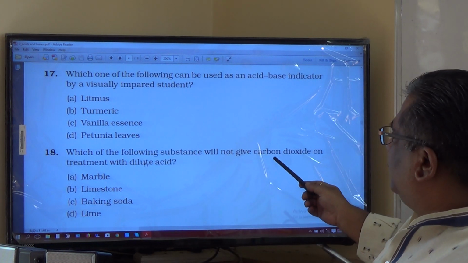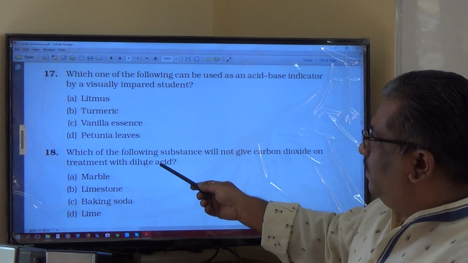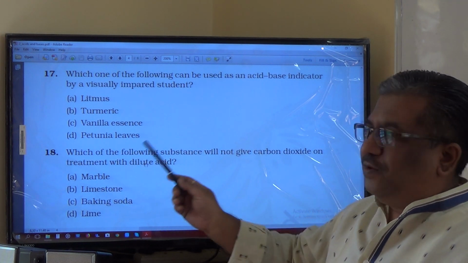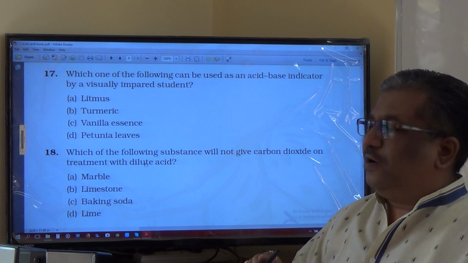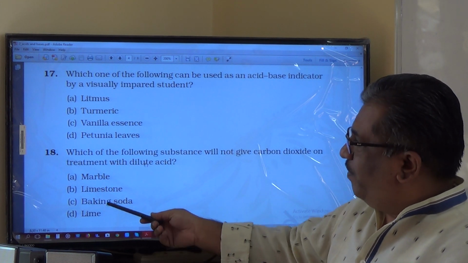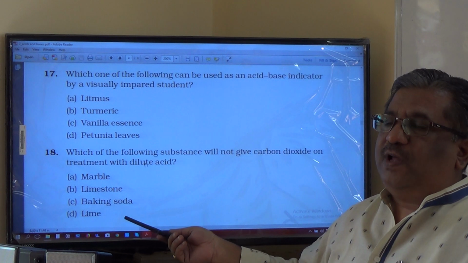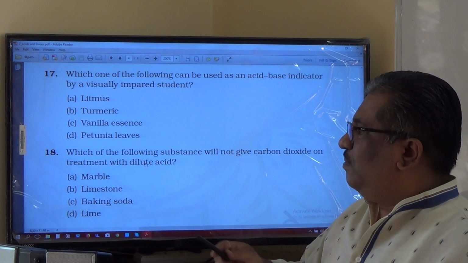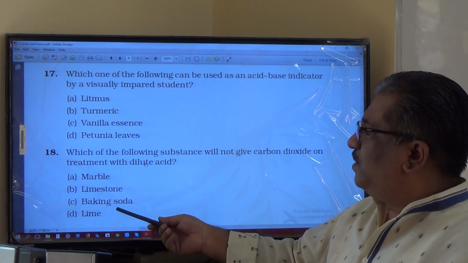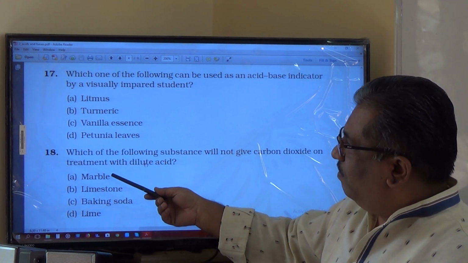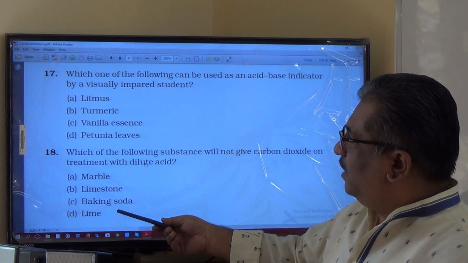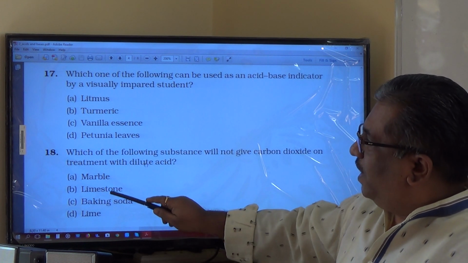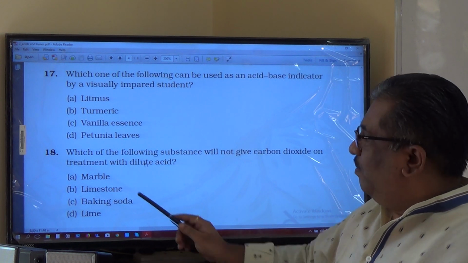Which of the following substances will not give carbon dioxide on treatment with dilute acid? Marble is calcium carbonate, it gives. Limestone is calcium carbonate, it gives. Baking soda is sodium hydrogen carbonate, it gives. Lime is calcium hydroxide and it turns milky. So, marble, limestone, baking soda, lime. Out of this, which one will not give? See, marble and limestone both are the same.